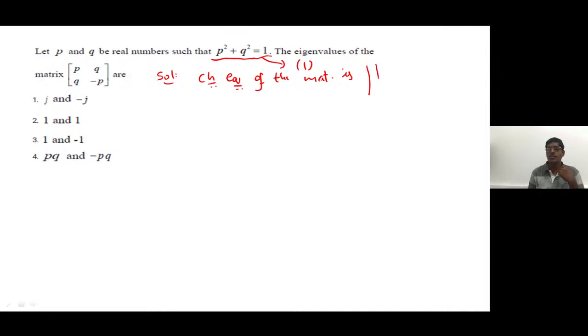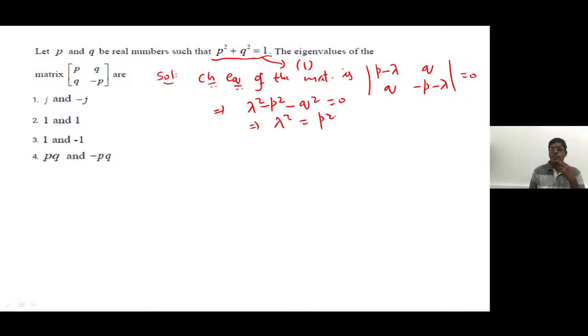So this is p minus lambda, q, q, minus p minus lambda. Expanding the 2 by 2 determinant, I can write lambda square minus p square minus q square is equal to 0.